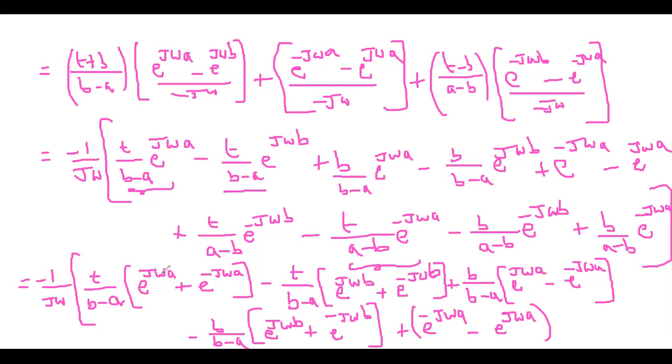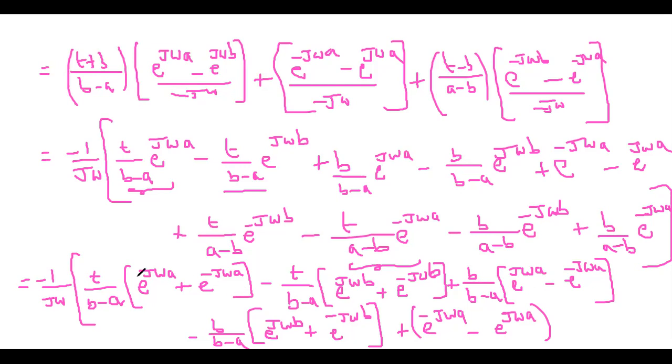But here, what is the value of e power j omega plus e power minus j omega by 2? B by B minus A power j omega, and it is a minus B by j omega.